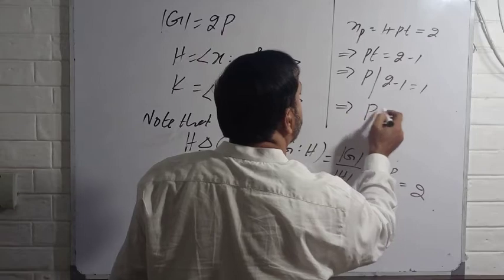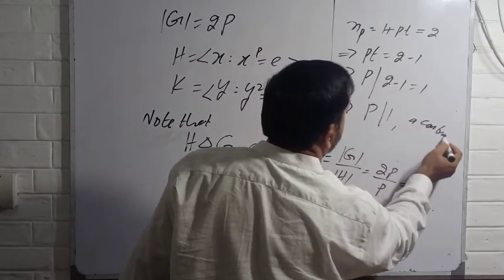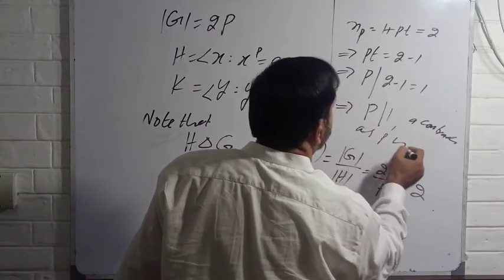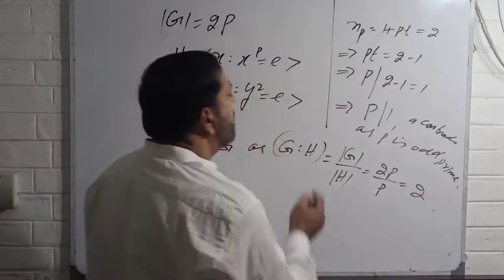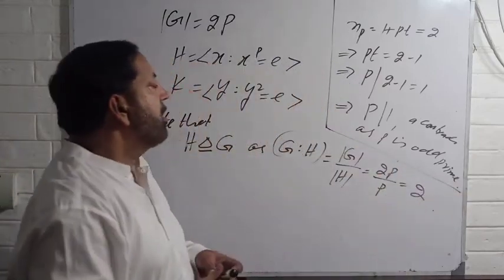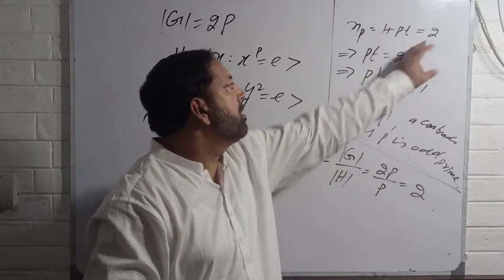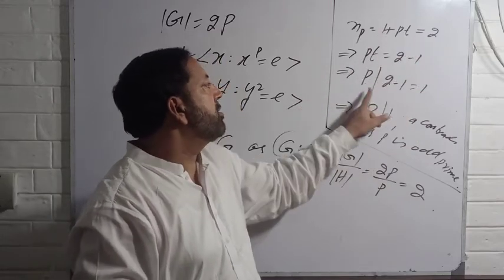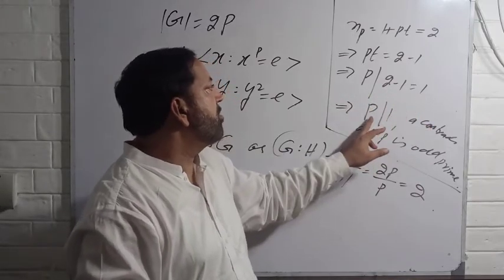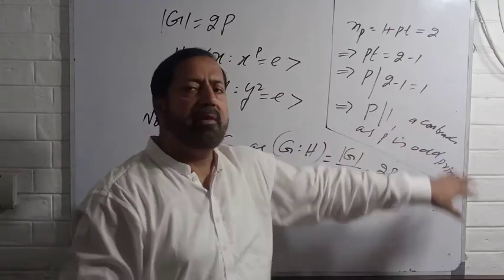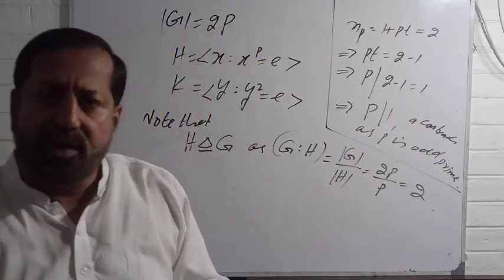So this implies p divides 1, a contradiction, as p is an odd prime. An odd prime cannot divide 1. So if you take 1 plus pt equal to 2, then pt equals 2 minus 1, which means p divides 1. You have a contradiction. That's the only possibility: n_p is equal to 1.